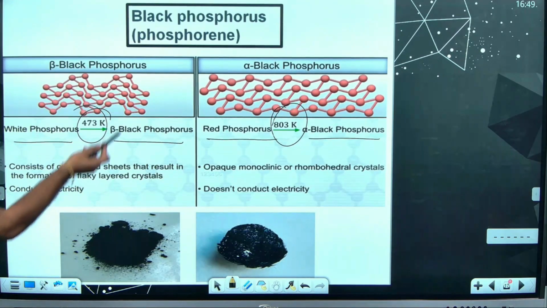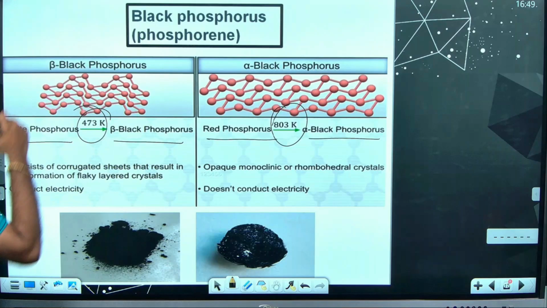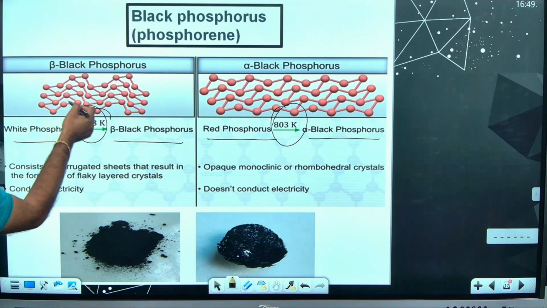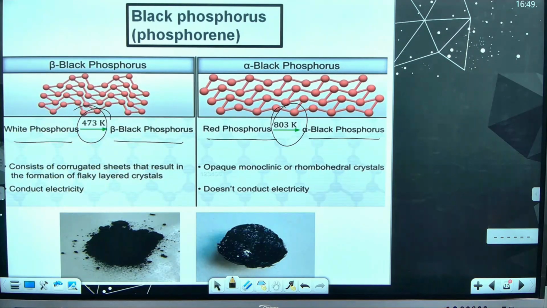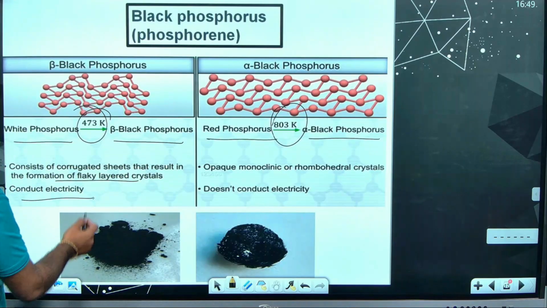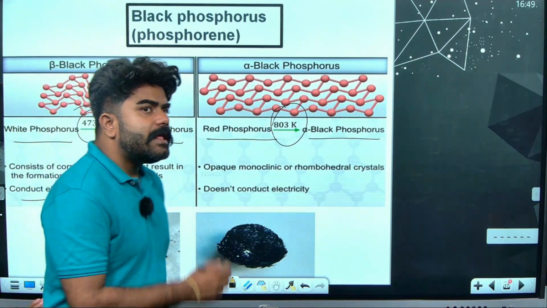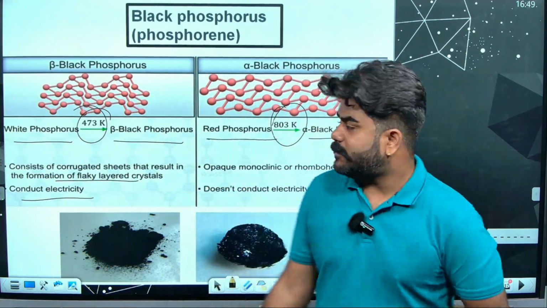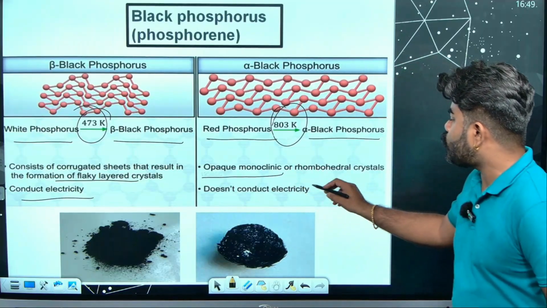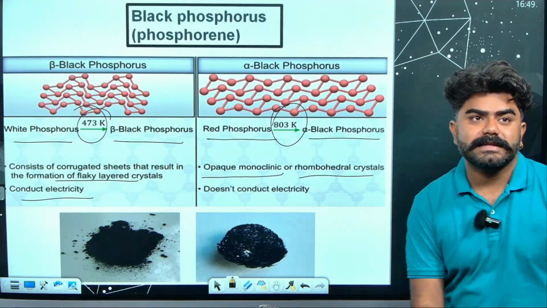If you look at the structure of this beta black phosphorus, you see that it is corrugated. That means அது அப்படியே fold ஆன மாதிரி இருக்கு, மடிச்சு இருக்கு இல்லையா அதோட structure. And then it forms flaky layered crystals. Flaky-ஆ இருக்கும் அதோட crystals. Then it conducts electricity. Alpha black phosphorus பார்த்தீங்கன்னா, it is opaque monoclinic or rhombohedral crystals.